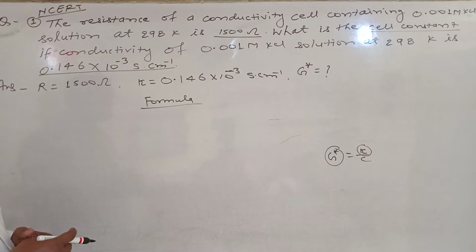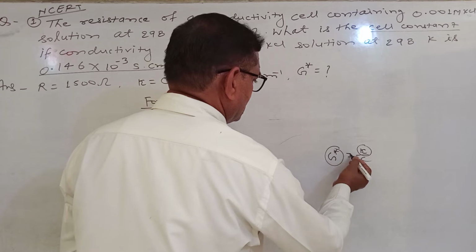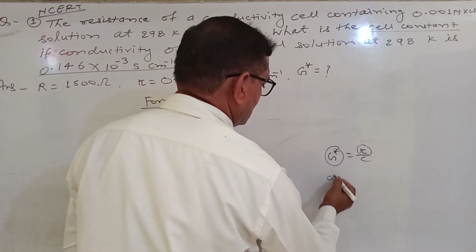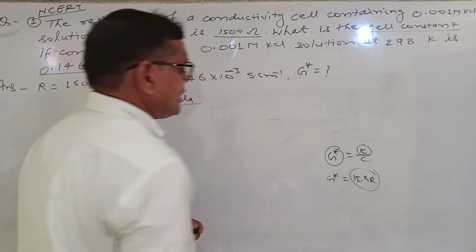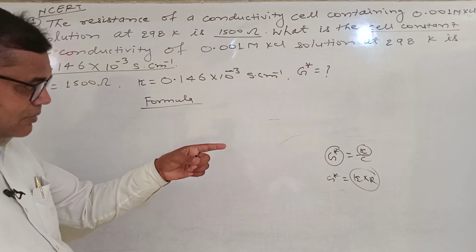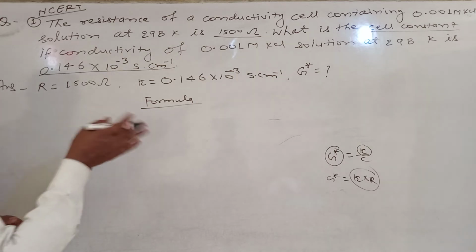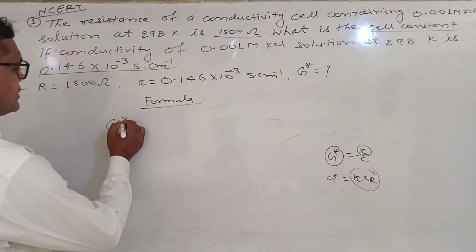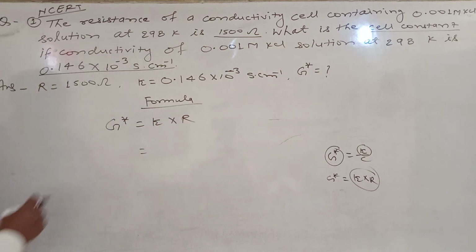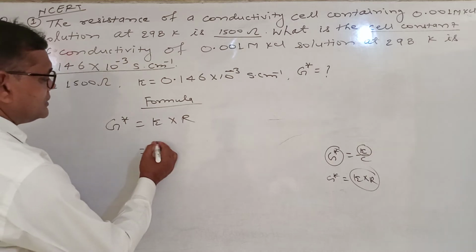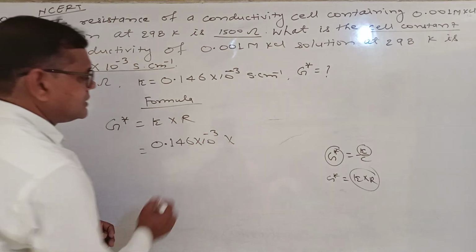This question can be explained by two methods. First method, G star is equal to kappa upon C, and second method, G star is equal to kappa into R, which gives the answer directly. Here we write G star is equal to kappa into R. We write the value of kappa, 0.146 into 10 to the power minus 3.